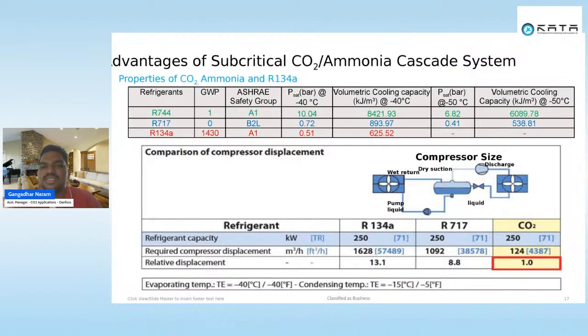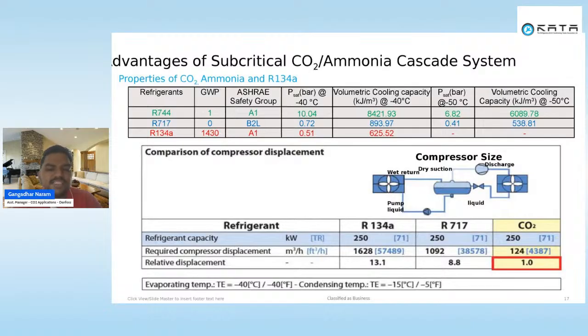In comparison, the saturation pressures and volumetric cooling capacity are nearly 10 to 12 times higher than ammonia, in kilojoules per cubic meter at minus 40 and minus 50.